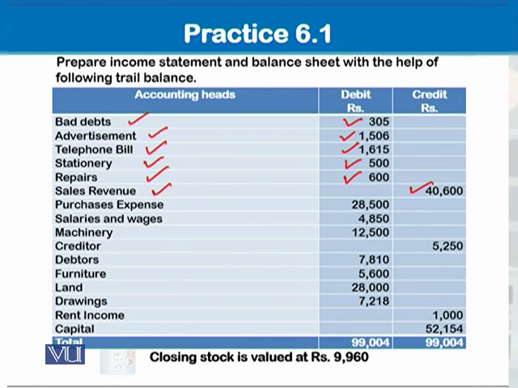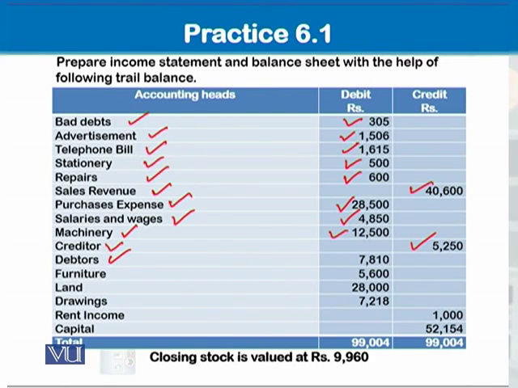You know very well that income is of credit nature and should always appear in the credit side of trial balance. Purchase is an expense appearing in the debit side. Salaries and wages are expense appearing in the debit side. Machinery is an asset. Asset being debit in nature should always appear in the debit side of trial balance. Creditor is a liability being credit in nature should always appear in the credit side of trial balance.